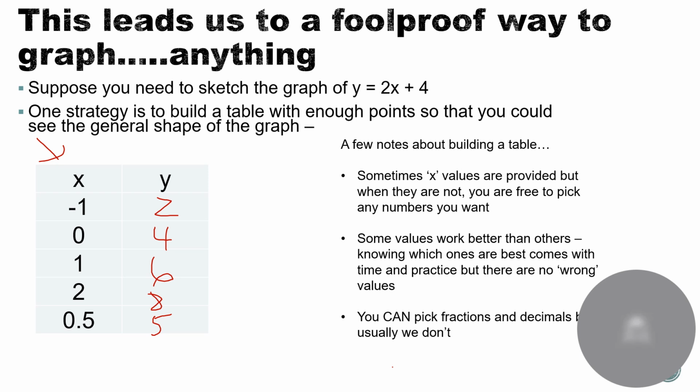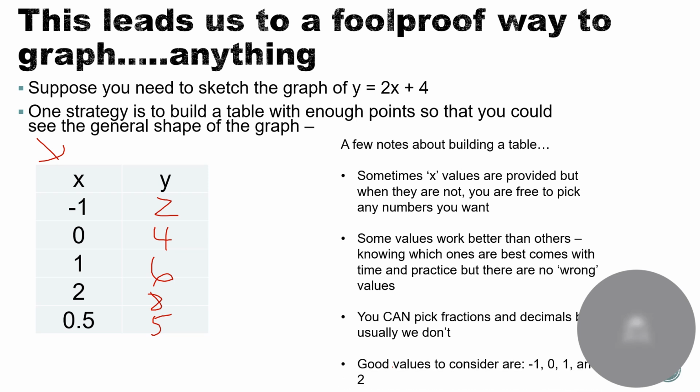As soon as you start throwing fractions and decimals in there, you're making your arithmetic unnecessarily complicated. There are no wrong values, so if you wanted to pick really ugly decimals for every single one of your X's, knock yourself out, but you usually don't. I just don't want to gloss over the fact that they are numbers that you could pick.